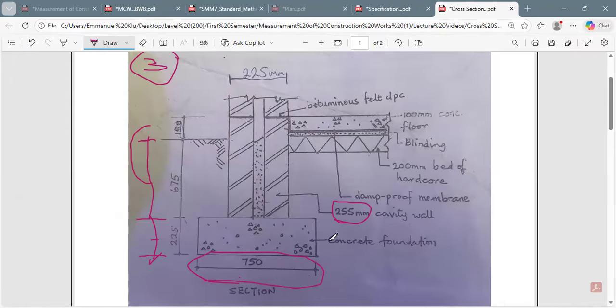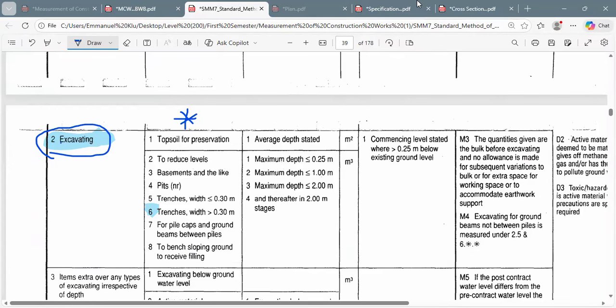We have seen the width now too. We see how big the width is. So in our SMM7, we know how to behave now. So the depth of the excavation. Our excavation trench width should be greater than 0.30 mm.